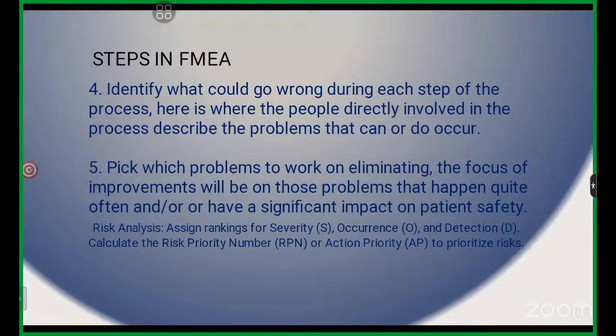So you assign rankings for severity of the case, and you can label it as S. Occurrence, the frequency of occurrence, you can assign the letter O, and also detection. Yes, it can occur, but how often does it get detected? Calculate the risk priority number, the RPN, or action priority, to prioritize risks.